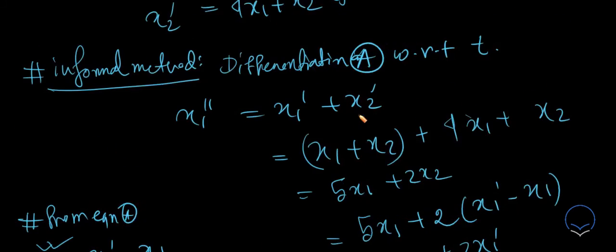Let's say instead of having two equations, now you have a system like the following. Let's say this one is x1 prime, which is a function of time. Obviously, let's not make it explicit; it's understood from the context.